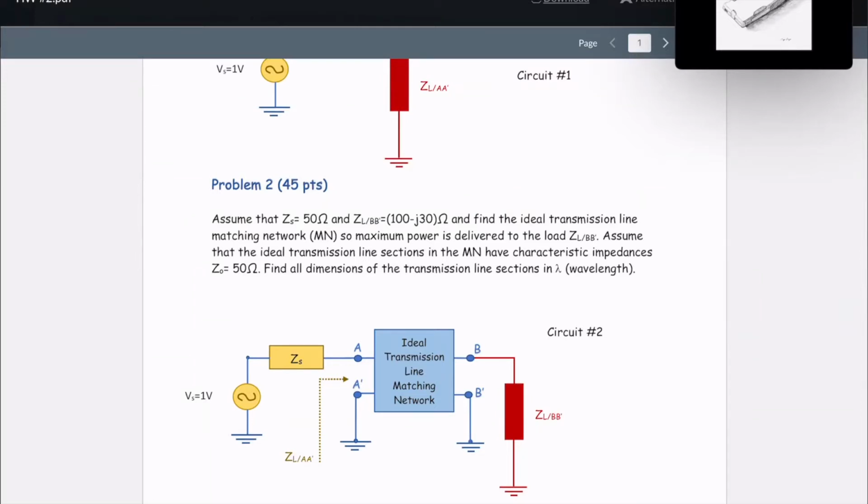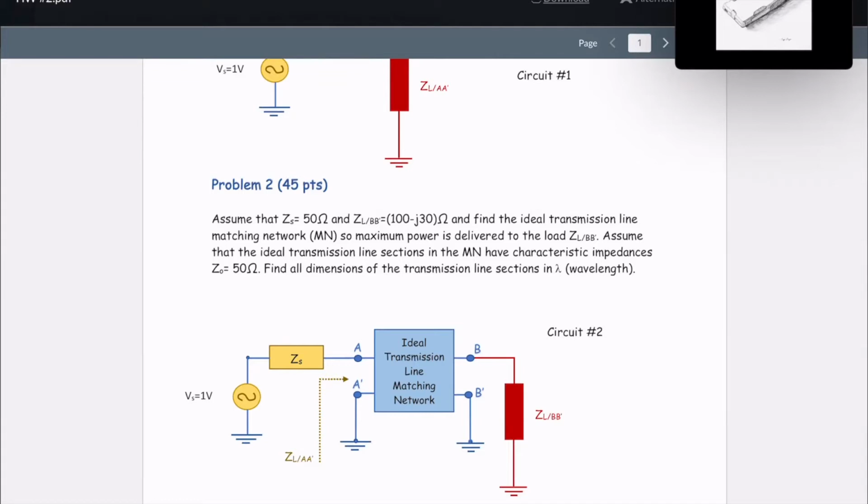For problem 2 of the homework, do I need to solve for the impedance of, for example, if I use a shunt? No, look at that. Read the homework carefully. The problem says, assume that Z-sub S is 50 ohms, that Z-sub L is 100 minus J30 ohm, and find the ideal transmission line matching network so maximum power is delivered to the load.